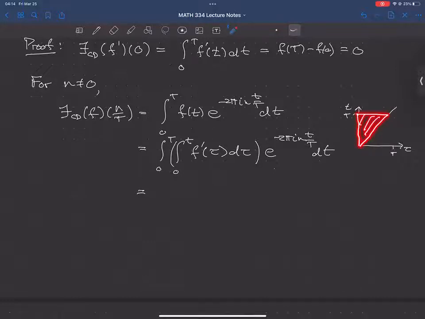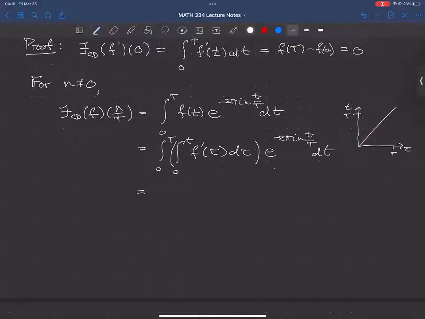And so when I swap the order of integration from doing tau first then t to doing t first then tau, when I'm integrating with respect to t with tau fixed, I'm going from tau to capital T, like so. So I need to switch the order of integration like that.